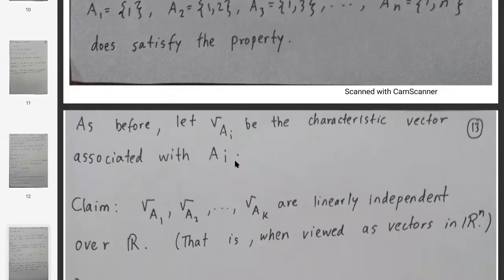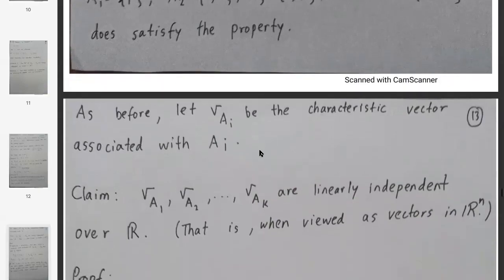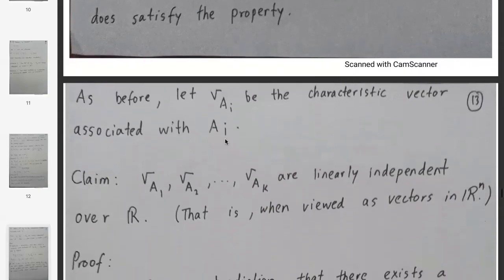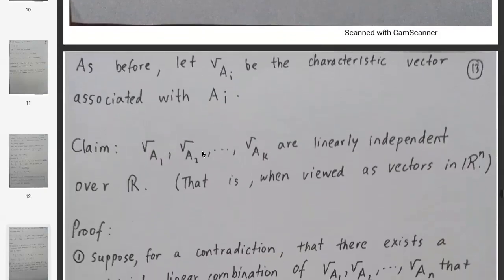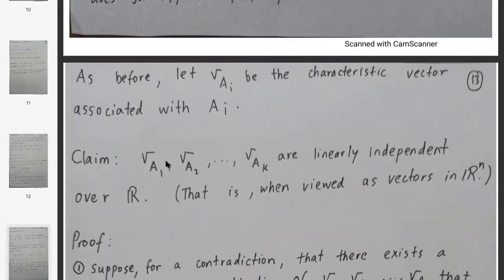In application 1, the odd town problem, we viewed v_Ai as a vector in F_2^n. So v_Ai is a 0-1 vector, the characteristic vector associated with the set Ai, and we'll view it as a vector in R^n. Now we claim that v_A1, v_A2, ..., v_Ak are linearly independent vectors over R, that is, when viewed as vectors in R^n.